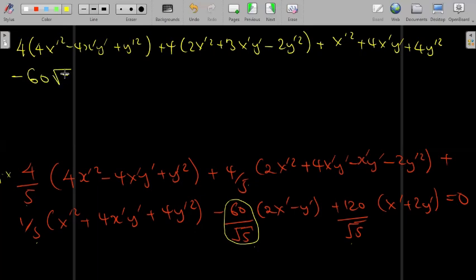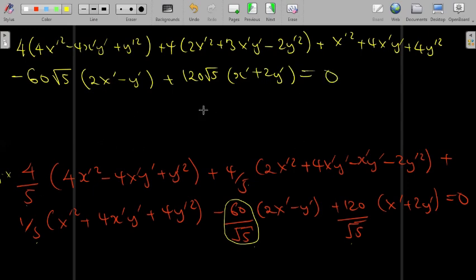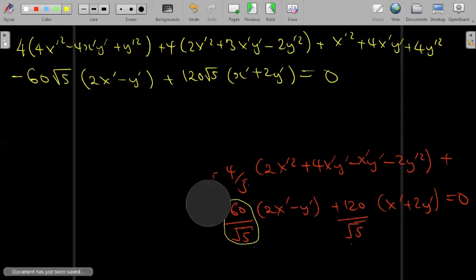Remember where the root 5 is coming from. Then that gives you 2x prime minus y prime. Then the next one is plus 120 root 5, then you have your x prime plus 2y prime. Then this is all equal to 0. That's what we get.